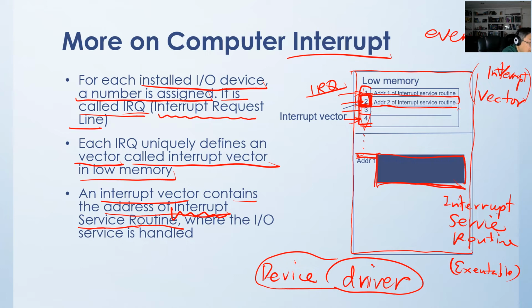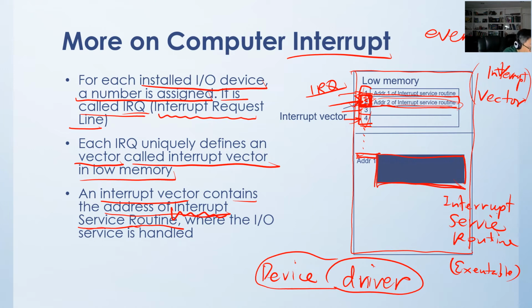So this is a device, and this is the memory address of the interrupt service routine for that particular device, corresponding to the IRQ for that device.